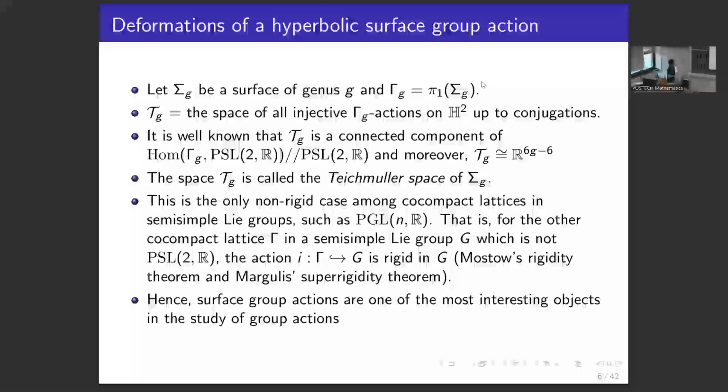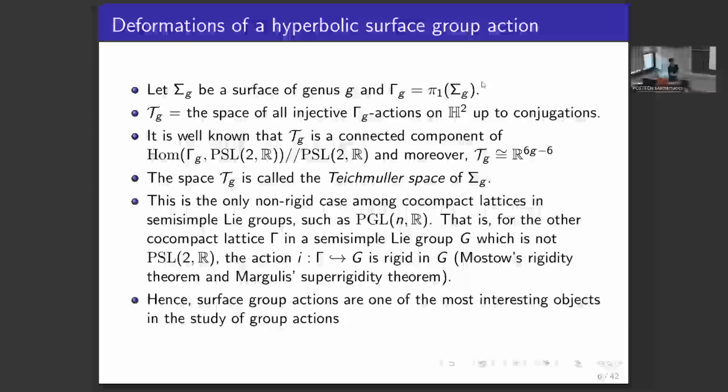So Teichmüller space is the only non-rigid case among all the co-compact lattices in semi-simple Lie groups, where you can imagine the semi-simple Lie group as just PSL_2(R).